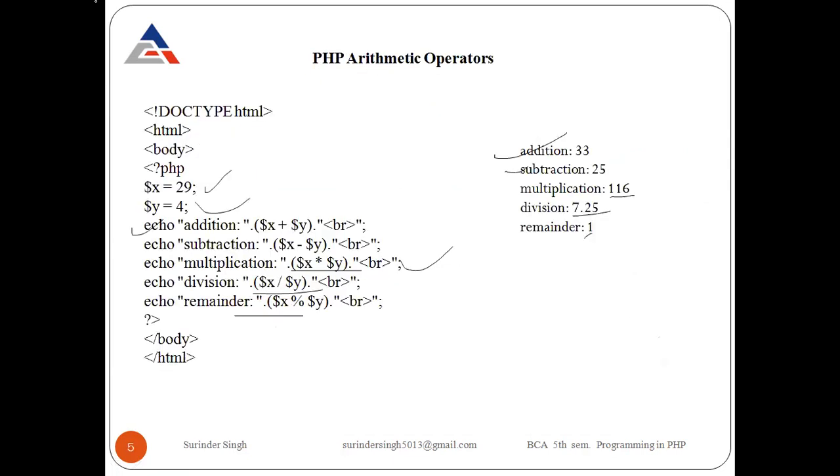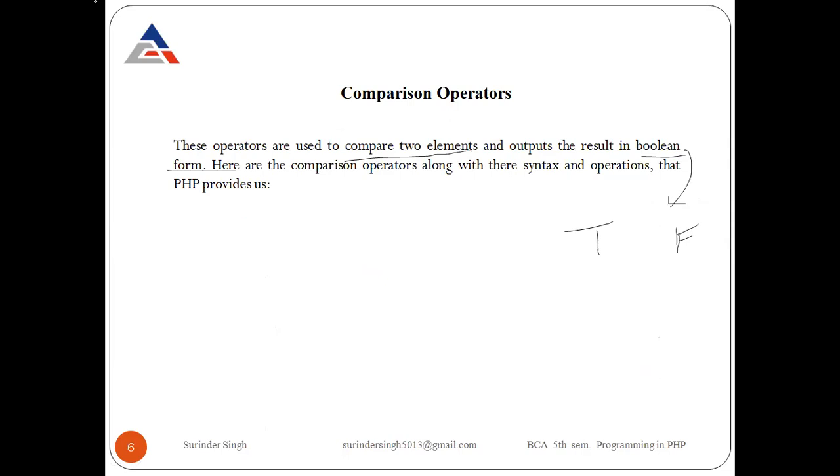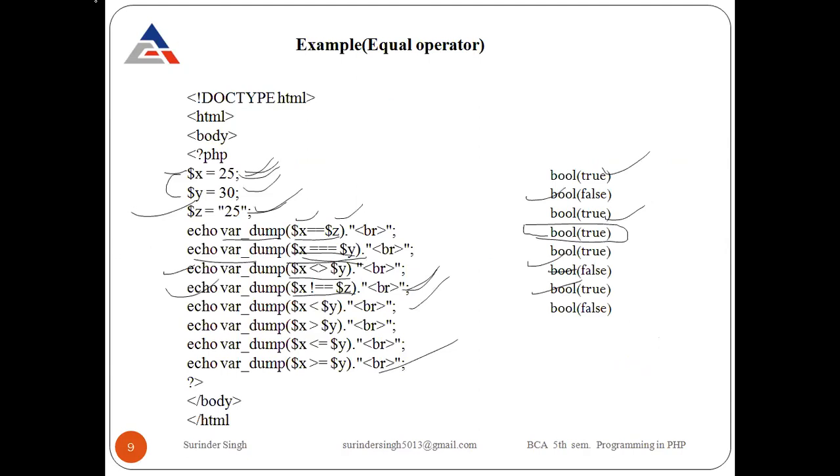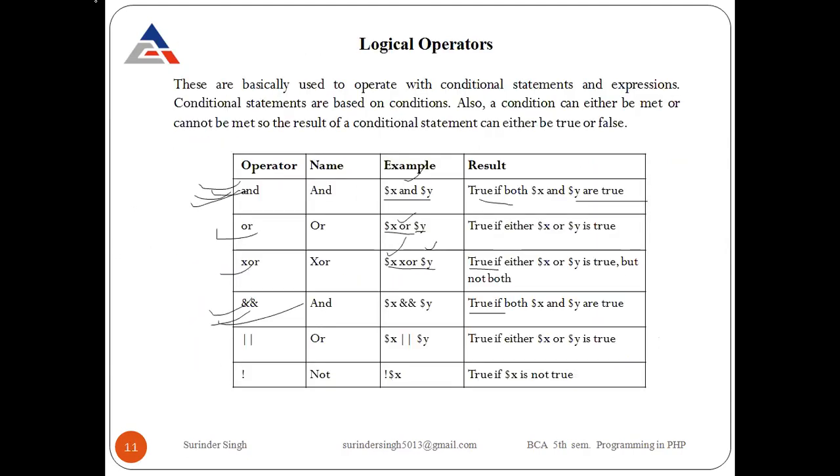Clear? In the next class on operators, I will discuss the precedence of operators. Clear? This operator and has lower priority. Okay, and this operator logical and has higher priority.